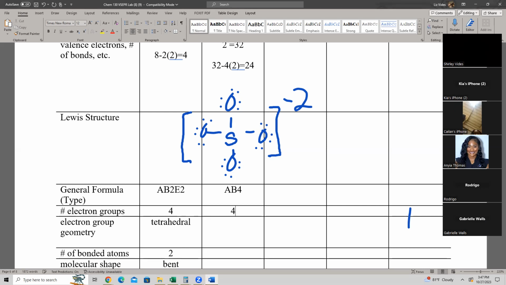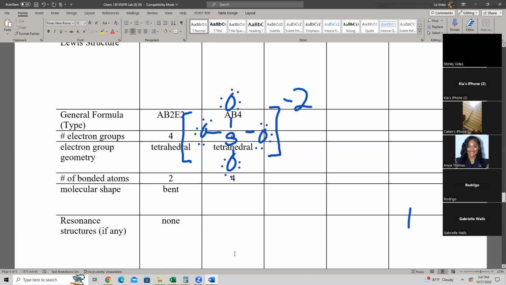So 4 electron groups. This is tetrahedral. And this is still 4, right? Because there's nothing else around the central atom except bonds. So the molecular shape, again, is tetrahedral. There is no resonance because there's no double bonds to move around.